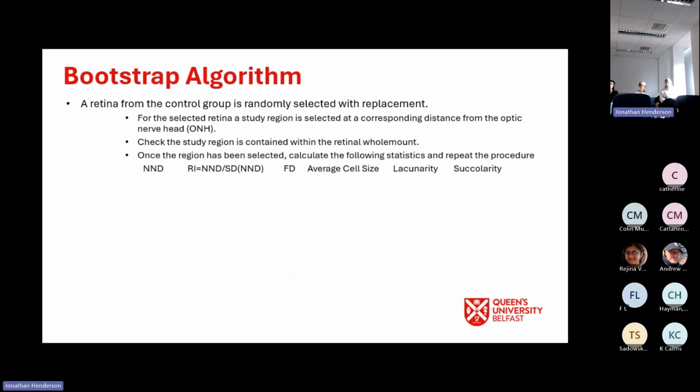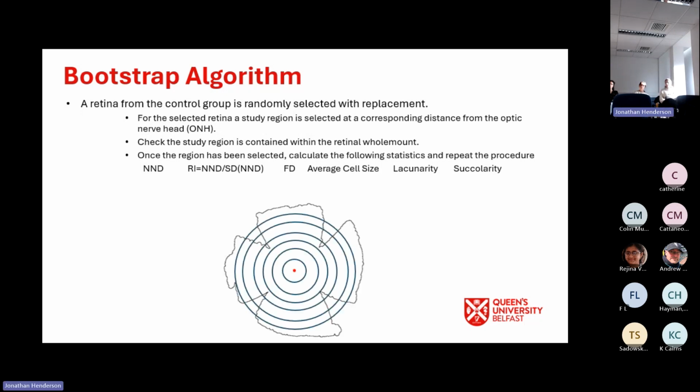So the way we assess this is we use the bootstrapping algorithm. For the control group to start with, we select a retina at random with replacement. We then select a distance from the optic nerve head. This distance goes from 300 to 2400, essentially to cover as much of the retina as possible.